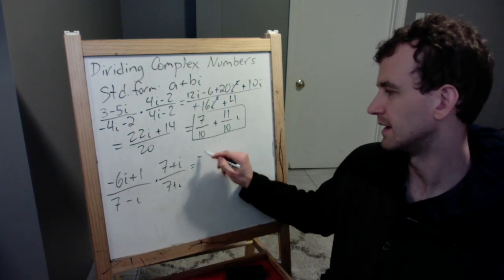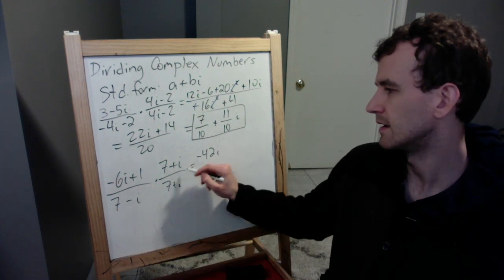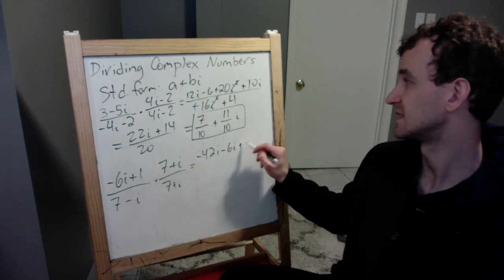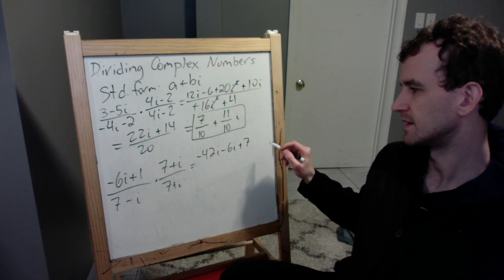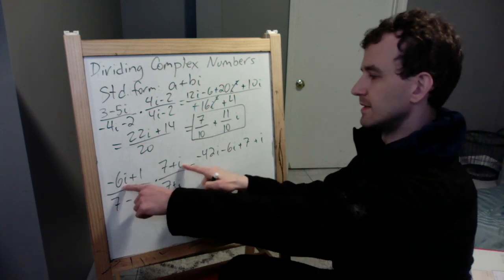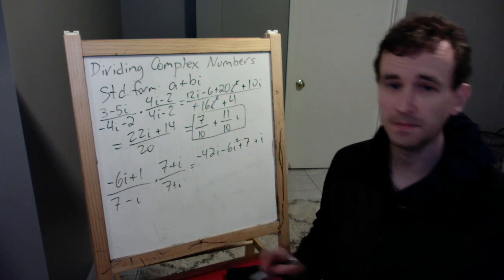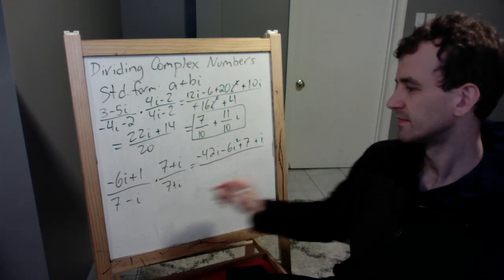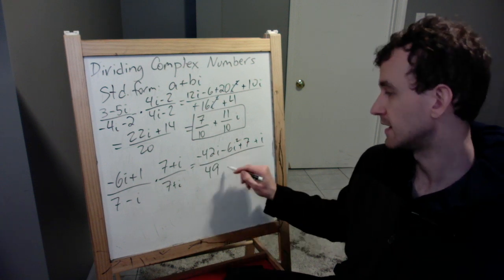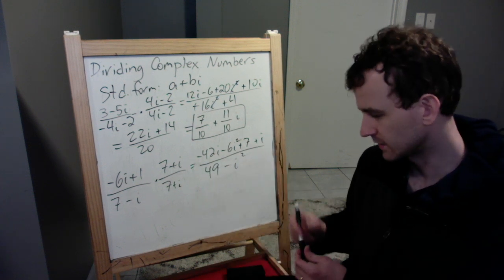FOIL, we've got minus 42i, outer gives us minus 6i, inner gives us 7, last gives us, I'm sorry, the outer should be minus 6i squared. And then in the denominator we have 49 plus 7i minus 7i minus i squared.